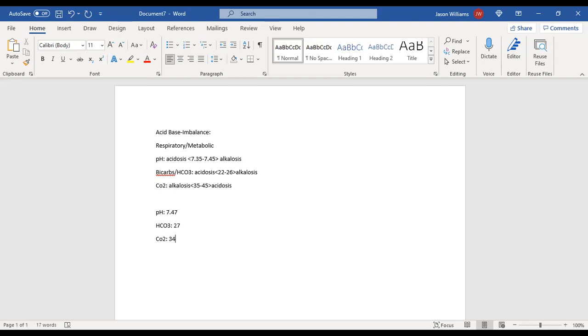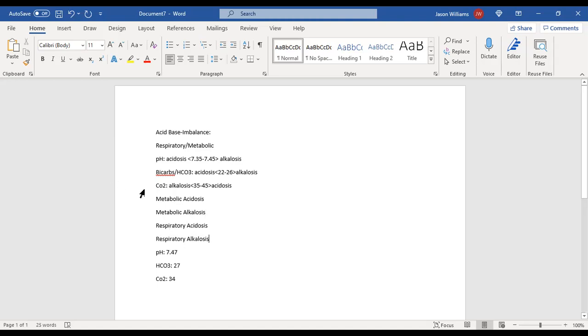When you receive lab values like this, you have to be able to look at them and differentiate whether this patient is experiencing metabolic acidosis, metabolic alkalosis, respiratory acidosis, or respiratory alkalosis.